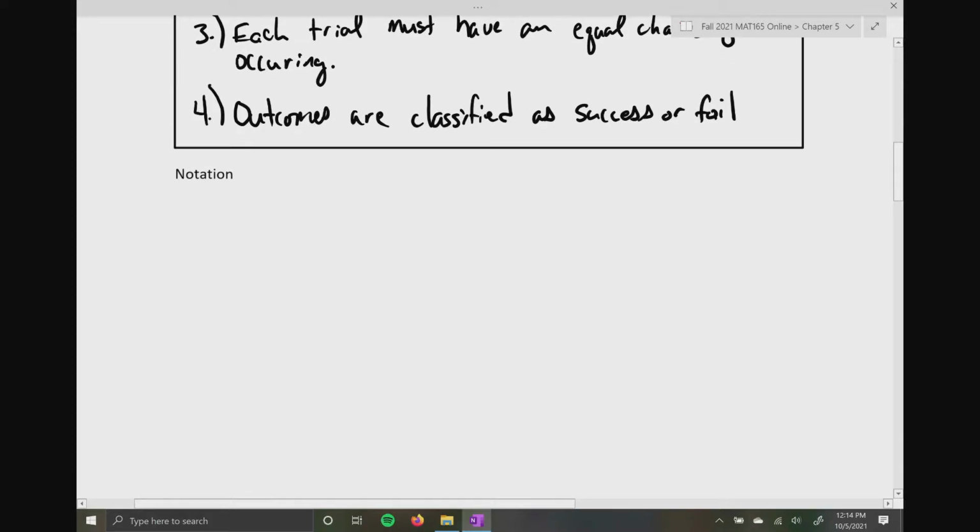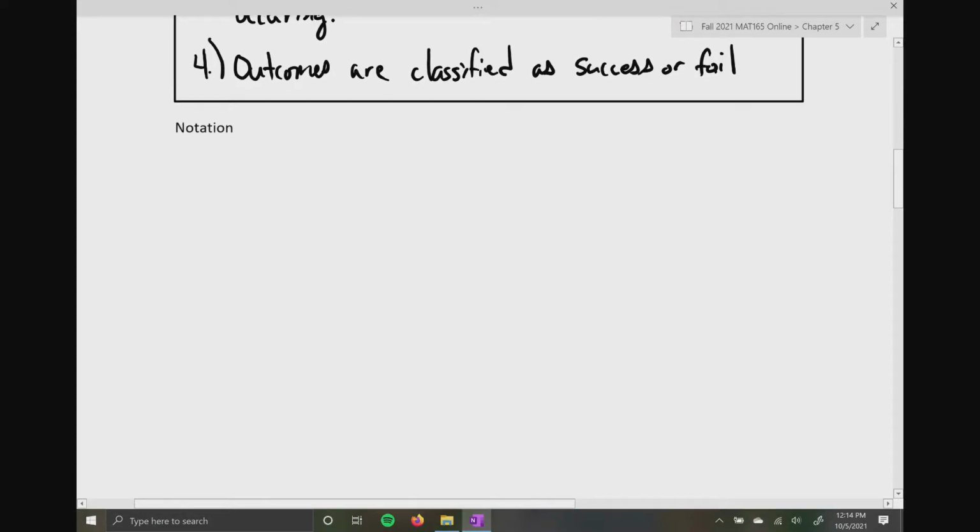Now for a bunch of notation, because the formula that we're going to be using just has a bunch of letters in it. It's not difficult at all, but let's just go ahead and define this. So the letter S is going to stand for success. F stands for fail. P of S equals the probability of success.